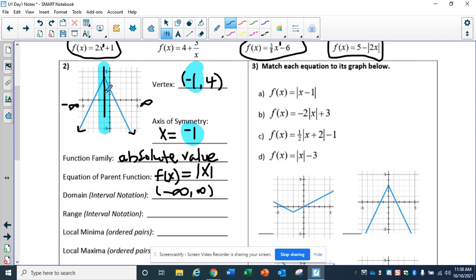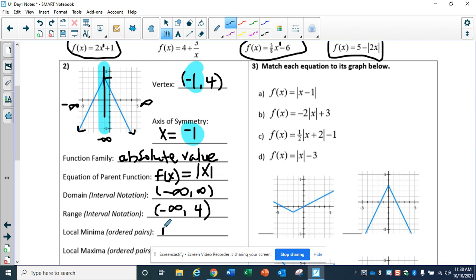Range is going to be bottom to top. Well, it goes down forever, so it's going to be -infinity. And you have to always put the smaller number first. And then it goes up to the vertex here. That's the maximum. And so that would be when y is 4, right? Range is always the y value. So it goes from -infinity to 4.